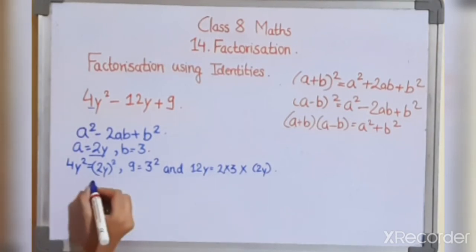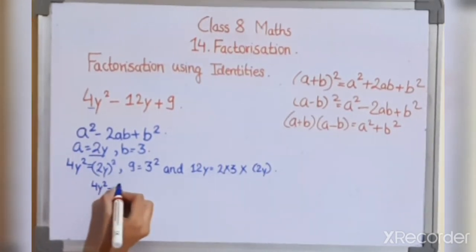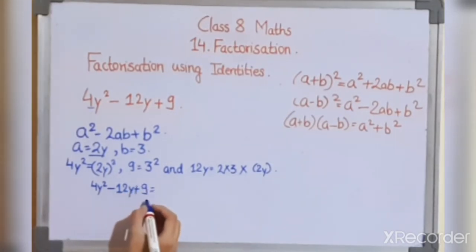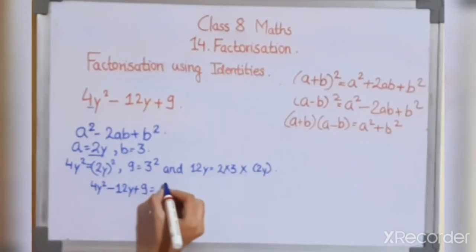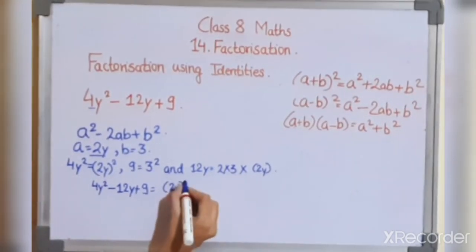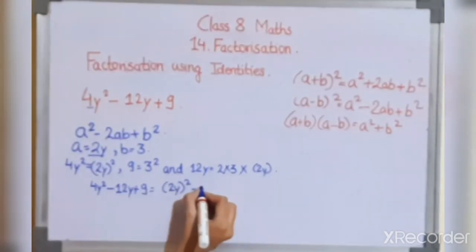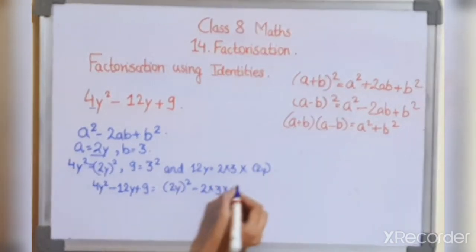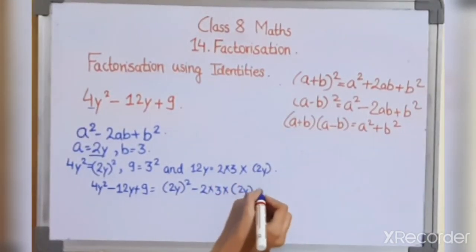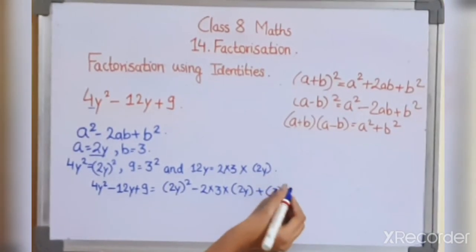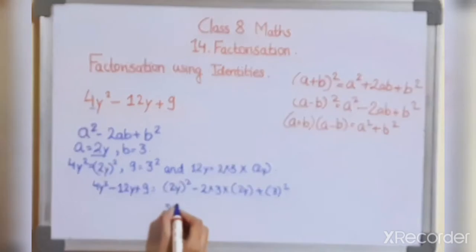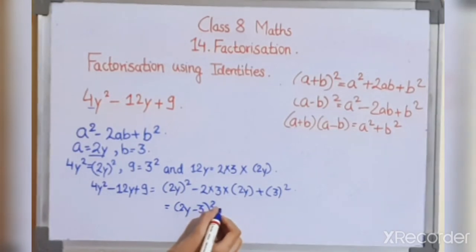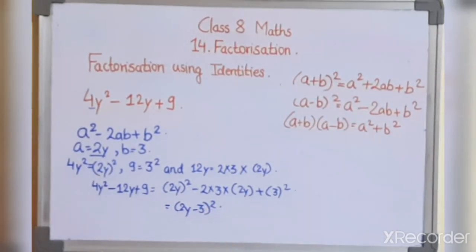So 4y square minus 12y plus 9 is equal to (2y) whole square, minus 2 into 3 into 2y, plus 3 square. So the required factorization is (2y minus 3) whole square. Hope you understand this.